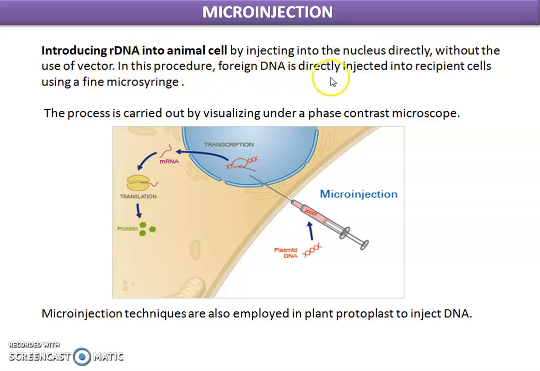The foreign DNA is directly injected into the recipient cell using this micro syringe. It's also called a micropipette, which is heated up. The end of the tip is heated up to make it thinner and deliver the DNA. So this process can be done by visualizing under a microscope, phase contrast microscope, to get the delivery done accurately.